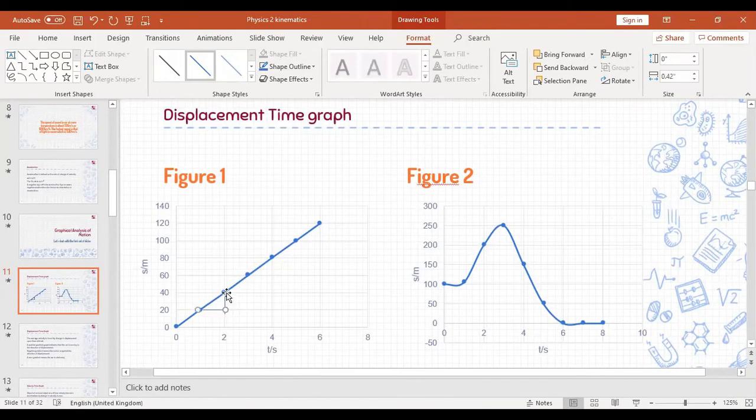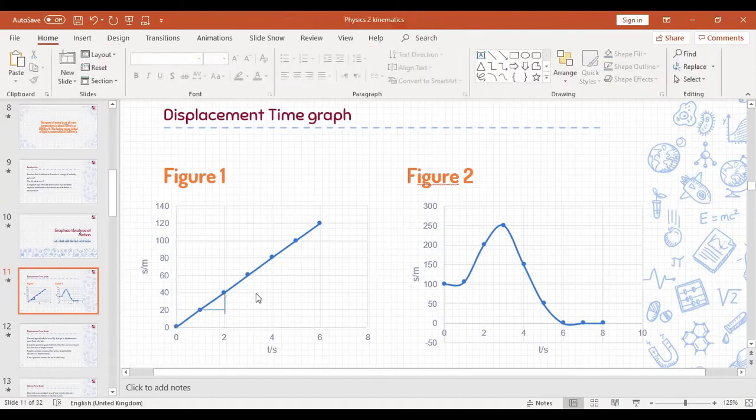The change here in the y-axis is the change in displacement, and the change in the x-axis is the change in time.